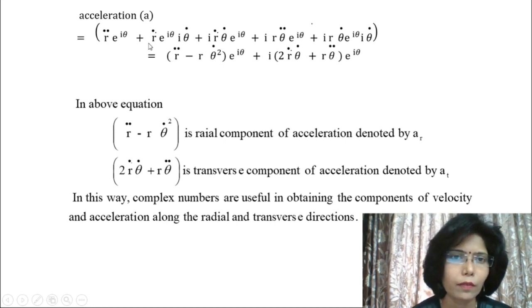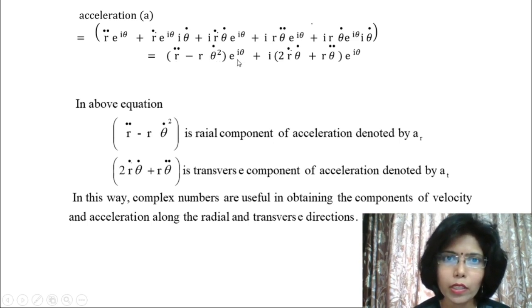So in this expression, if we take e raised to i theta common, then we can write it as: r double dot minus r theta dot square into e raised to i theta, plus i times 2 r dot theta dot plus r theta double dot, the remaining terms, into e raised to i theta.